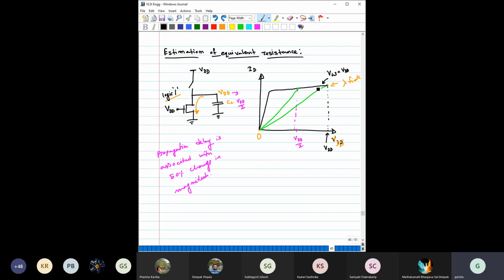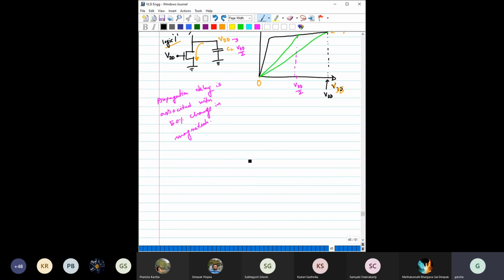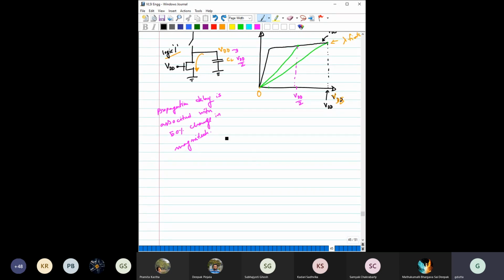If you take the average between these, that gives you the average or equivalent resistance.